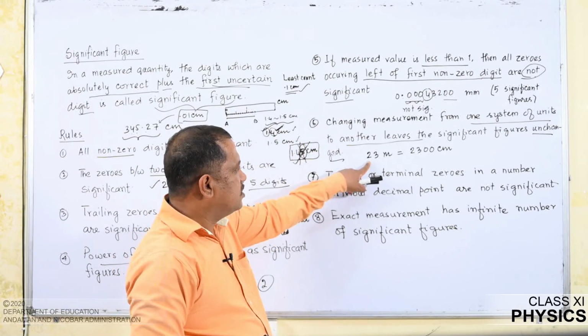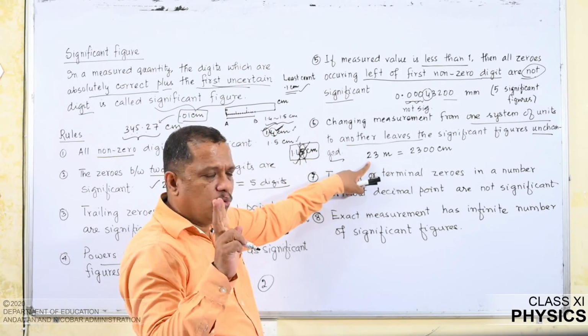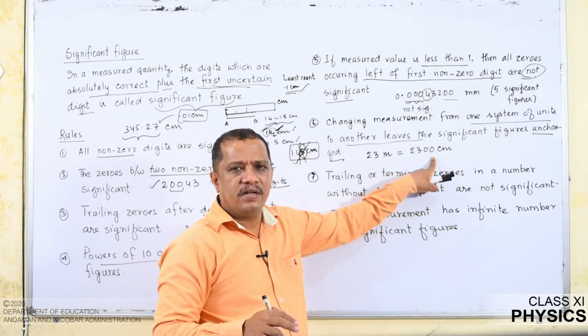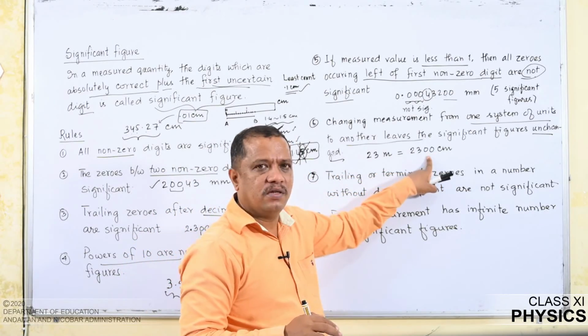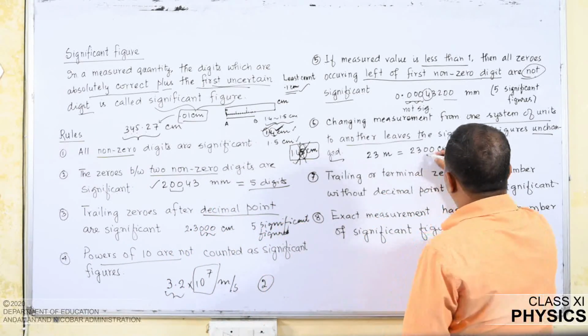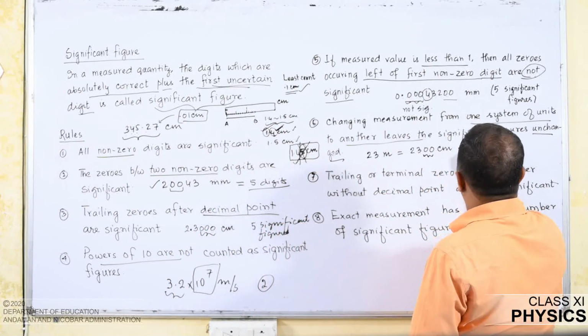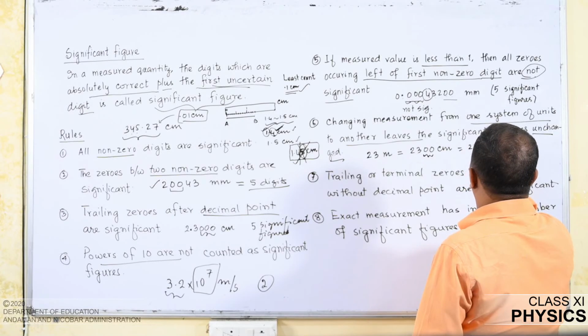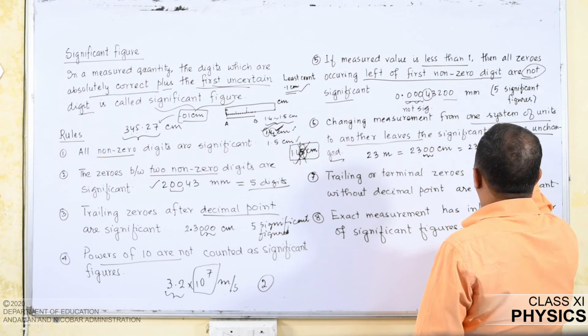In this case the significant figure is 2, here also it is 2, but it is always confusing. Therefore, in physics we follow a rule that instead of writing like this, we will write in this form: 23 into 10 power 2 centimeter.